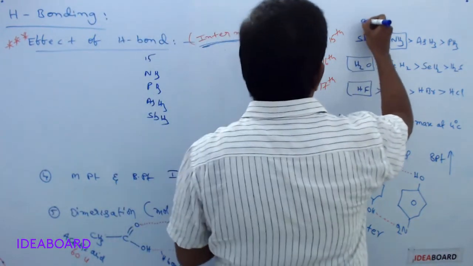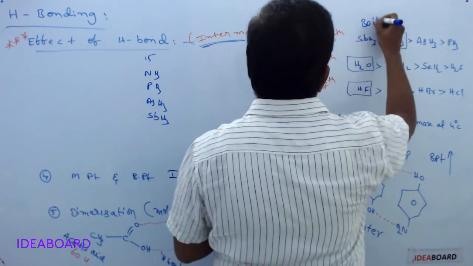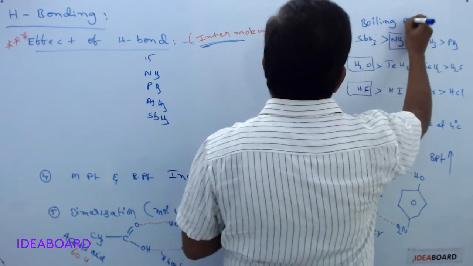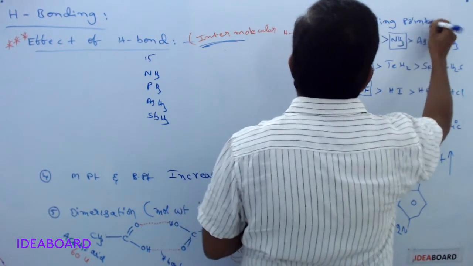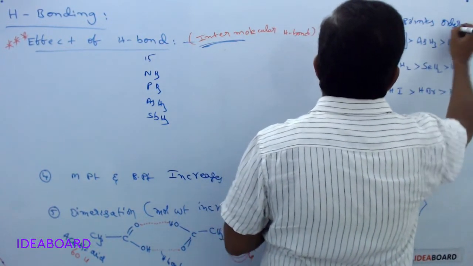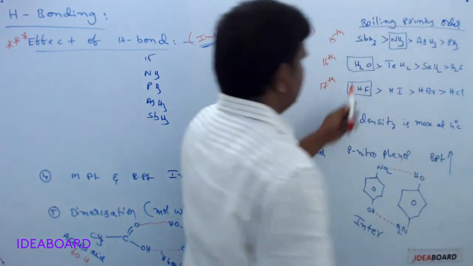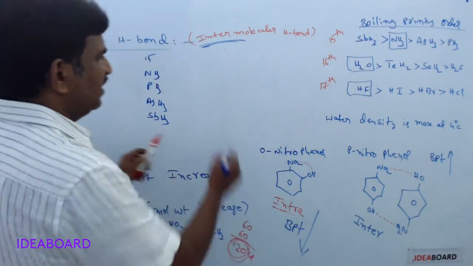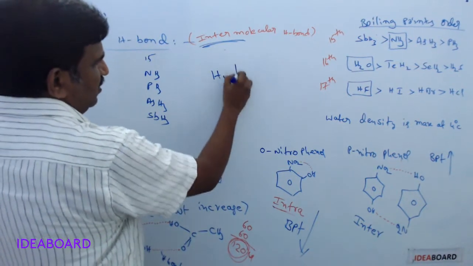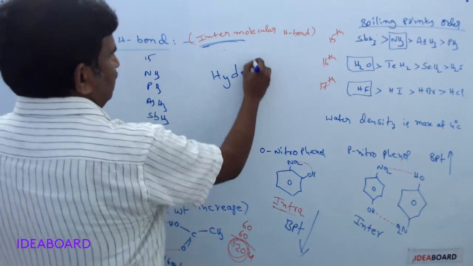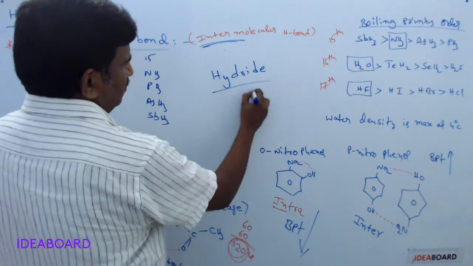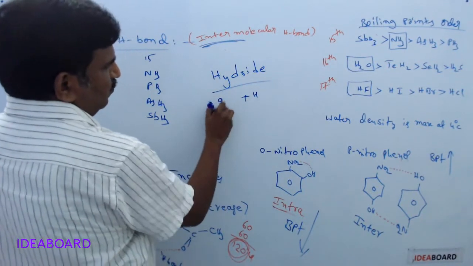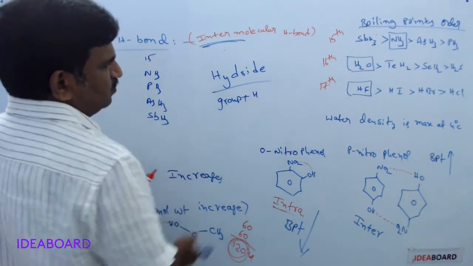This is the boiling points order. Okay, so the boiling points order of different group hydrides. They call them hydrides. Hydride means hydrogen and one element of any group.